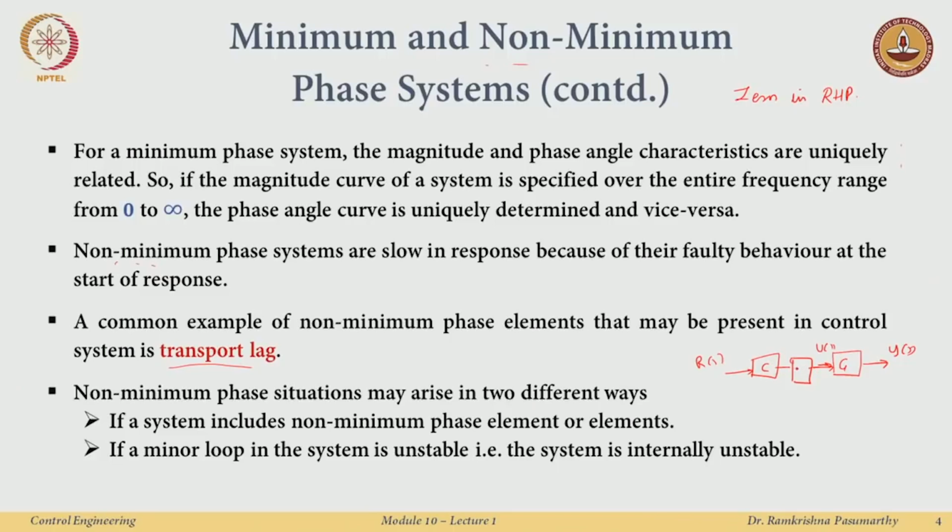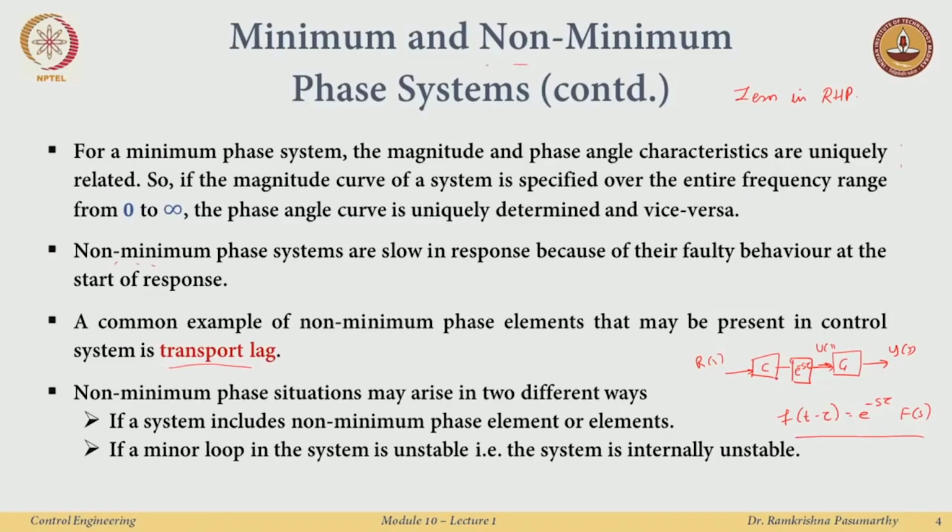This is modeled in the transfer function as e^(-sτ), assuming τ is the delay, and this comes from the Laplace transform of a delayed signal: f(t - τ) becomes e^(-sτ) F(s). This is a straightforward derivation, we will not go into the details of that.